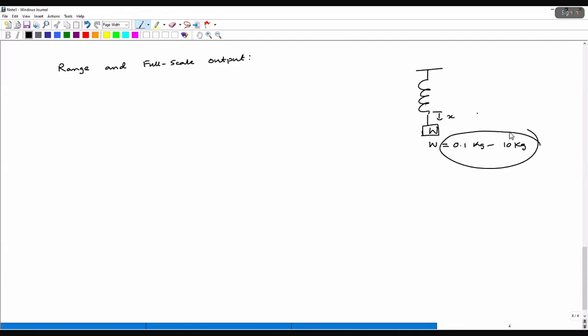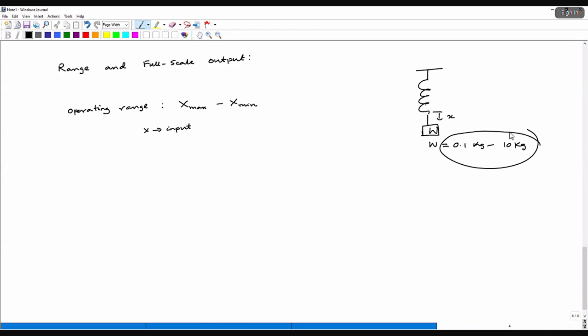So this input defines the operating range. In case of a thermocouple, what is the temperature range of the surface that you are interested to measure? In case of flow through a tube, what is the inlet flow rate range? So this is the input, and the operating range you define as x max minus x min, where x is the input.